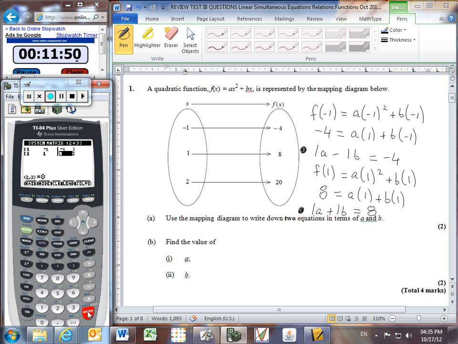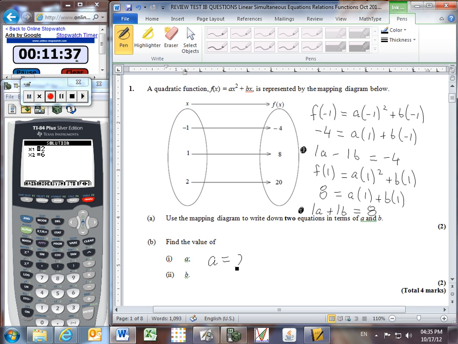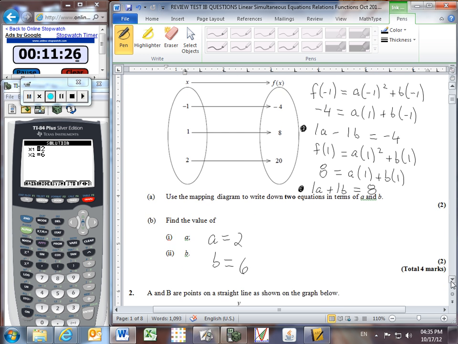And once I've entered these numbers into the system matrix, I'll press this solve button right here, and it will tell me that my first variable, which in our case is a, is equal to 2, and b is equal to 6. And no work is required. IB does not expect you to show any work when you're solving systems of equations. They want you to use poly-simult.